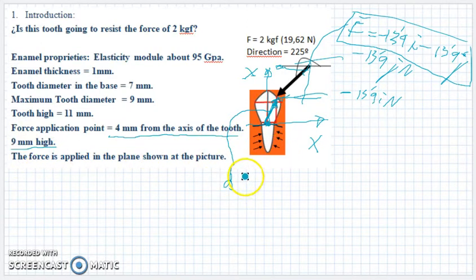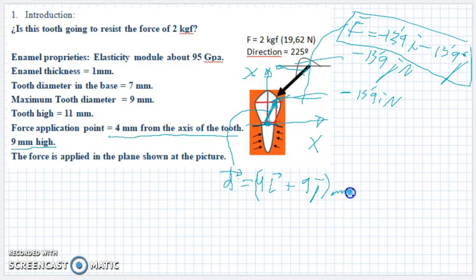So it is that this vector is 4 millimeters in positive direction i plus 9 millimeters j.